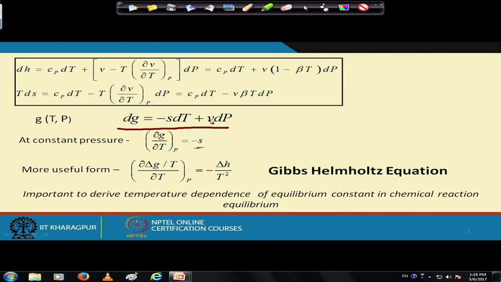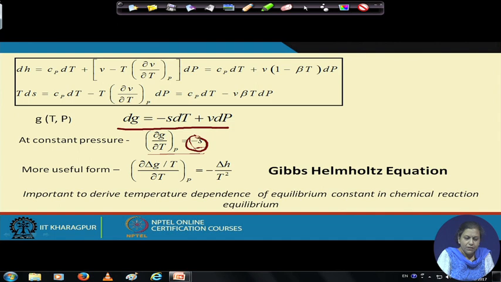Let us see first at constant pressure what we get. At constant pressure, del G del T at constant P is equal to minus the molar entropy change. But we need to remember that molar entropy itself is a non-measurable property.